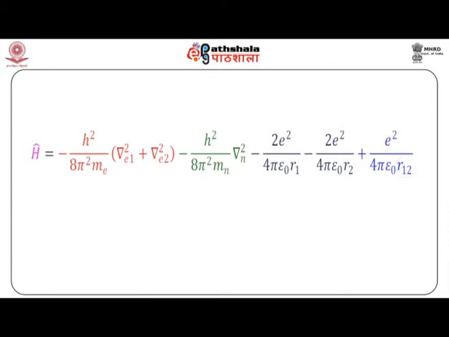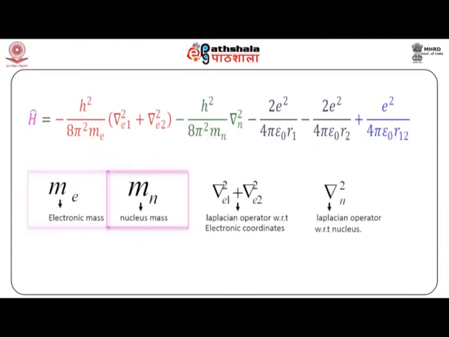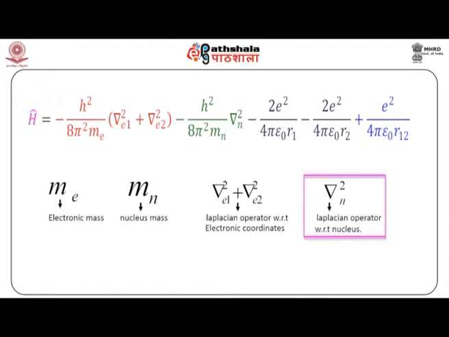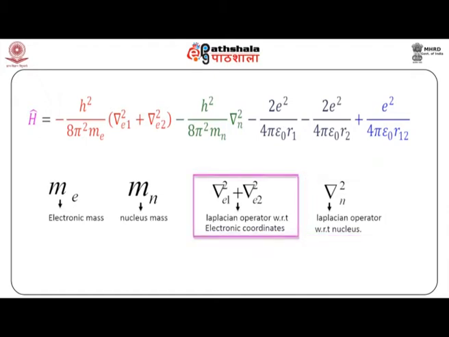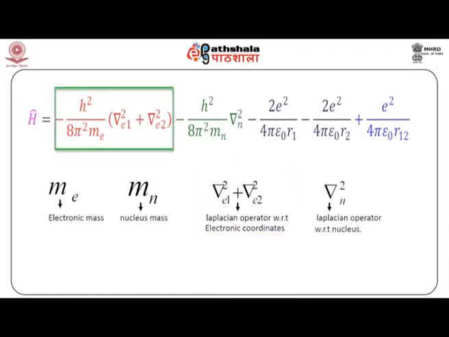So again, me is the electronic mass, mn is the mass of nucleus, delta n is the Laplacian operator with respect to position of nucleus, delta E is the Laplacian operator with respect to electronic coordinates of two respective electrons present in the system. The first term gives the kinetic energy of electron 1 and 2 respectively.